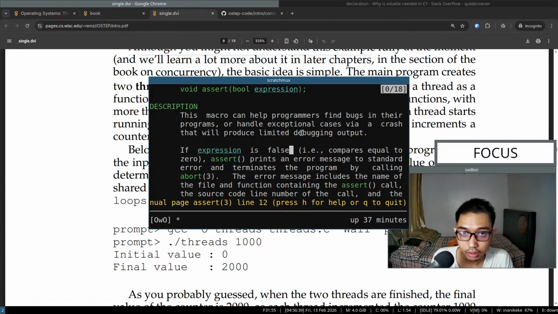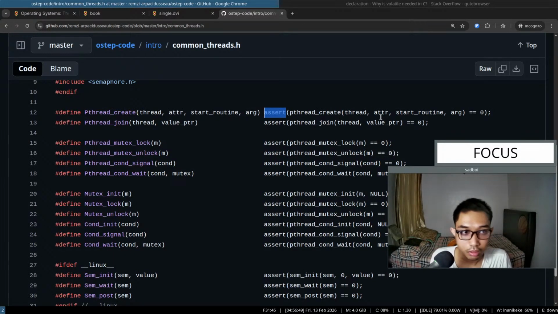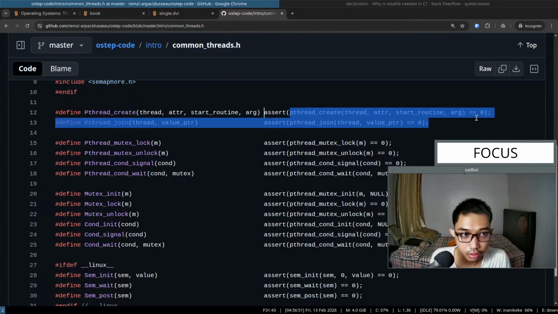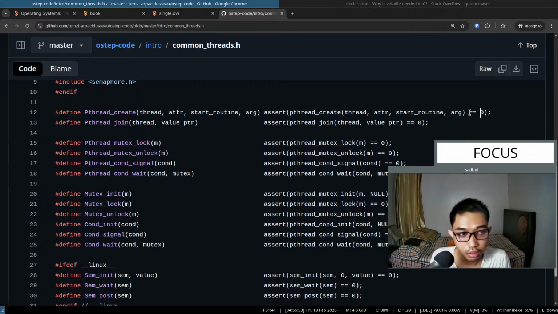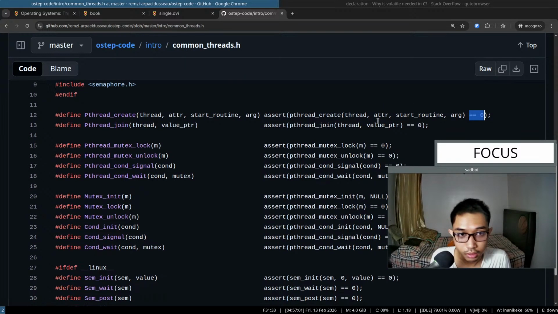If expression is false, okay. So this will be false if the return value is not equal to 0, as far as I understand. Okay.